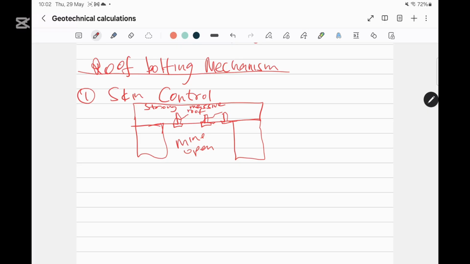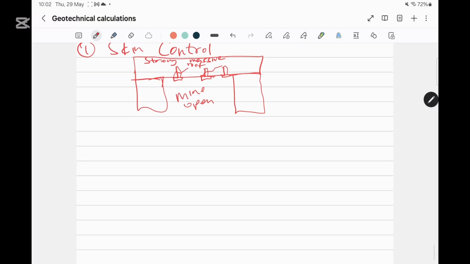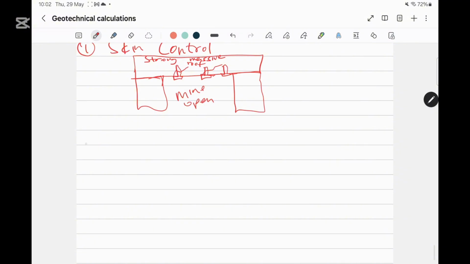With this skin control, you're just trying to prevent the loose rocks from falling at the skin of those openings. You can get much more detail if you check one of the books on rock mechanics.